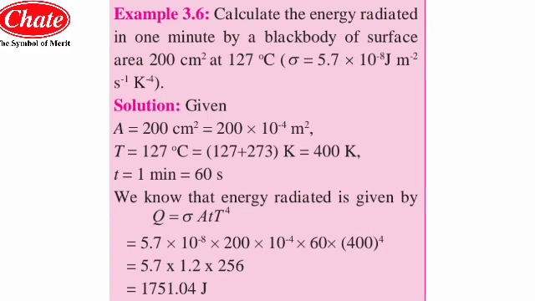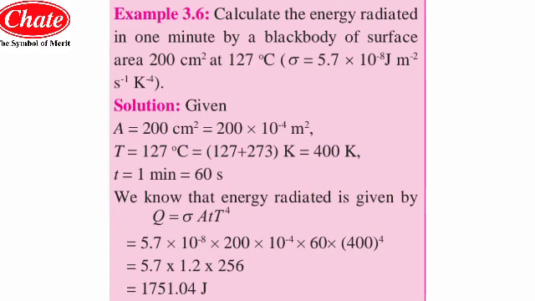Q is the energy radiated, sigma is the Stefan-Boltzmann constant, A is the surface area of the radiating surface, small t is the time for which the energy has been radiated, and capital T is the absolute temperature of that black body. This is the formula we have to use: Q is equal to sigma into A into small t into capital T raised to 4.